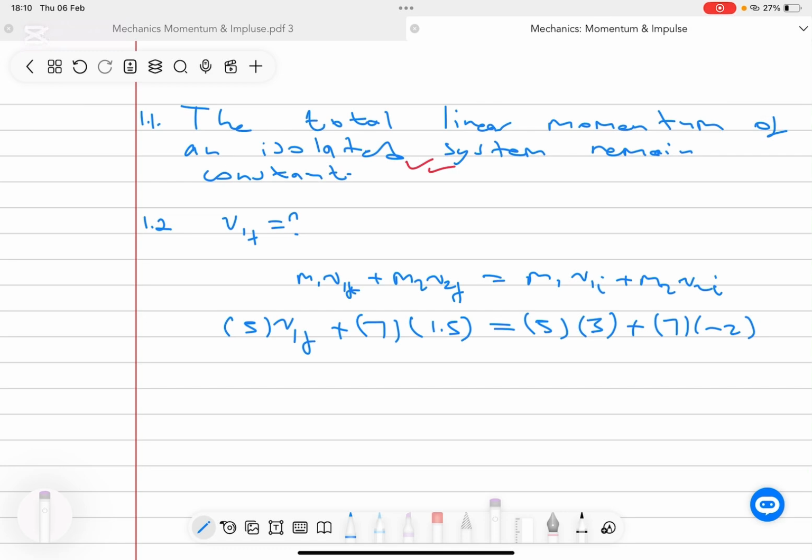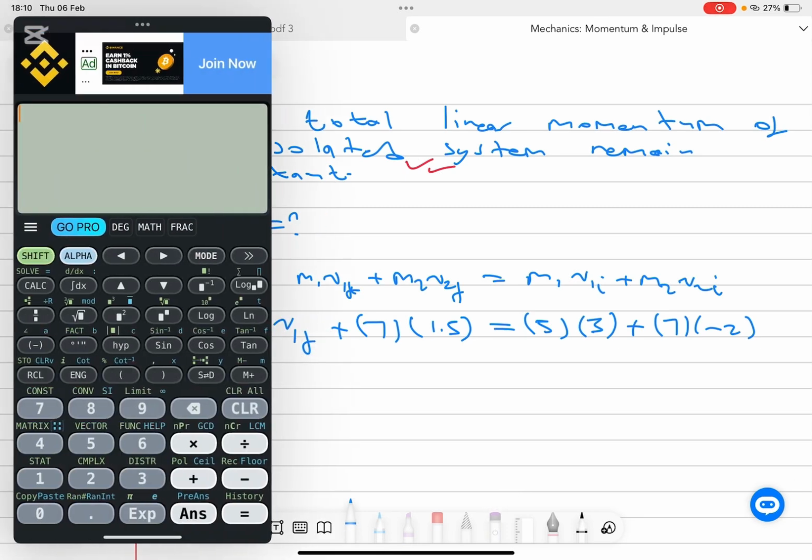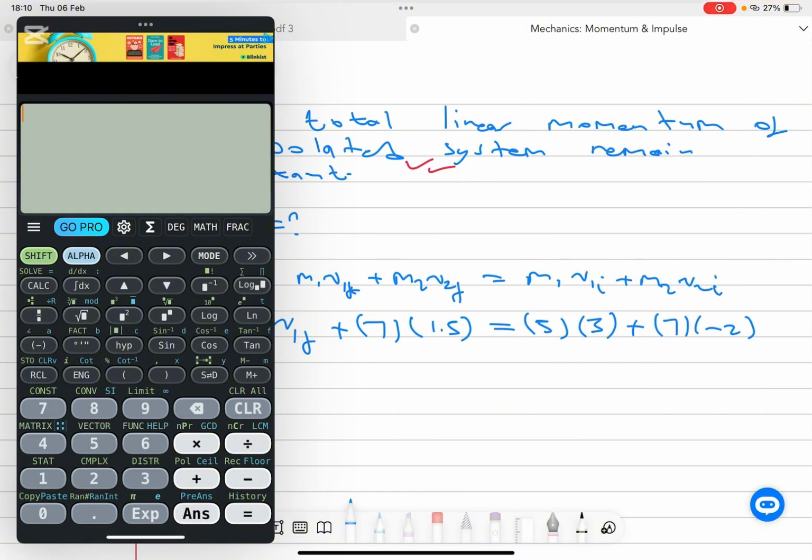Now, from here, this question becomes very boring because we're just going to press our calculator and find the V final. To do that, I'm going to pull my calculator and punch the left-hand side and the right-hand side. I'll start with the right-hand side.